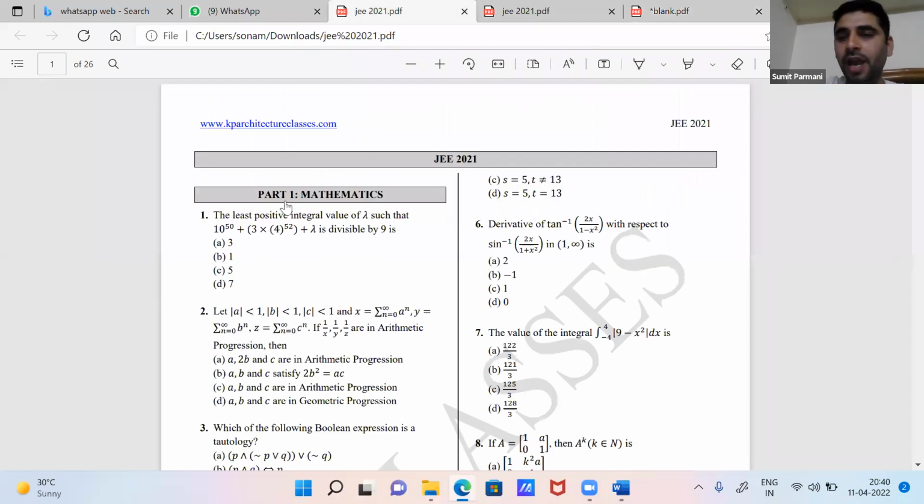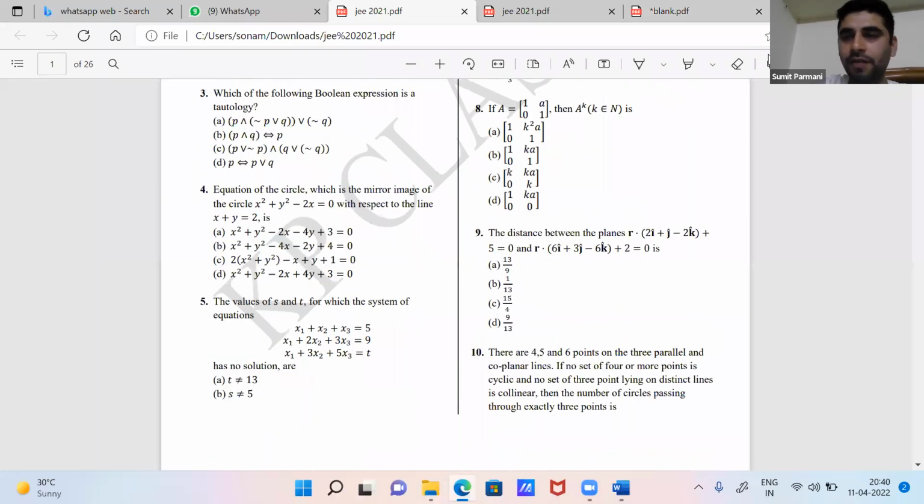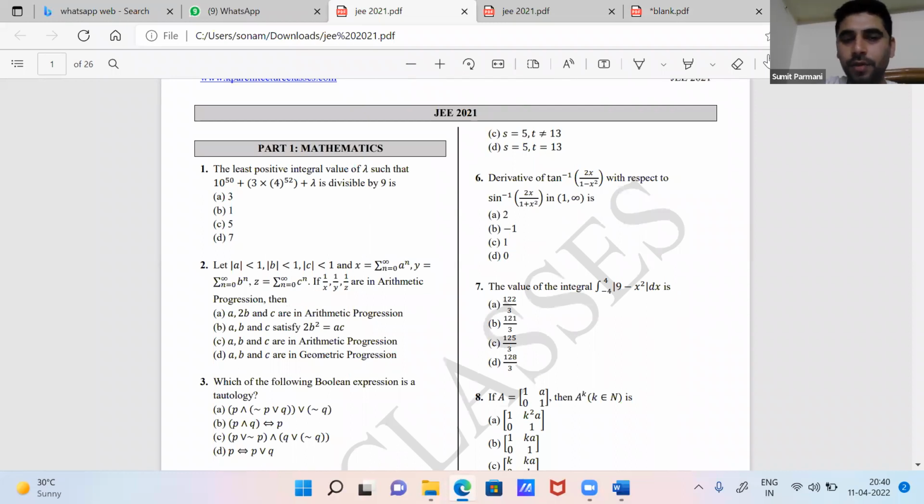Second thing, we have 3 into 4 raised to the power 52. So for 3 into 4 raised to the power 52, we can write this as 3 into (1 plus 3) raised to the power 52.